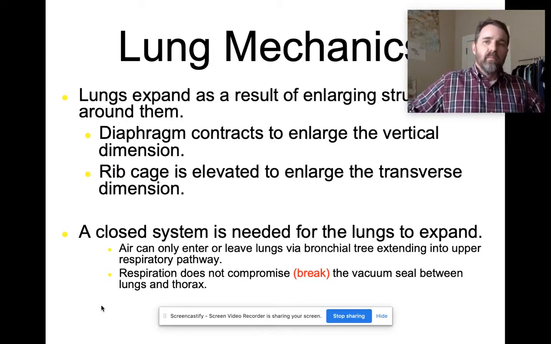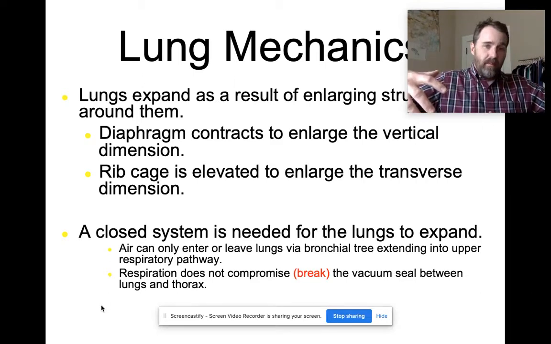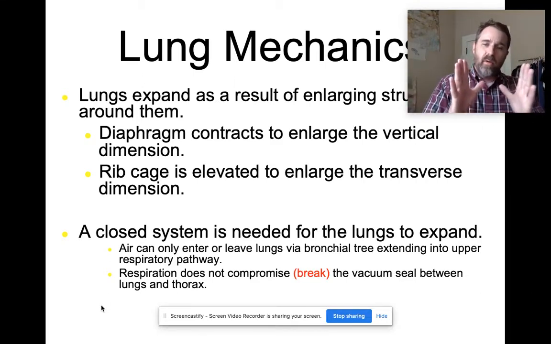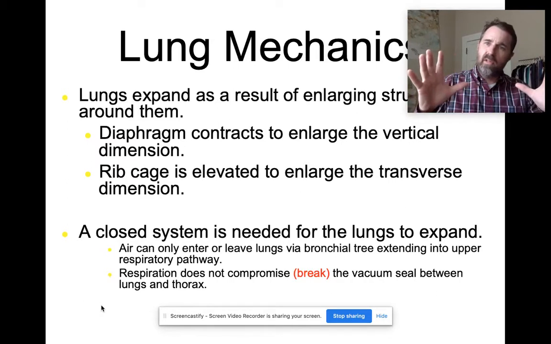So if you want to take a deep breath, your rib cage expands up and out, as we've already talked about. So that expands the thorax in the transverse dimension, which pulls the lungs transversely with it, expands the lungs in the transverse dimension with it.